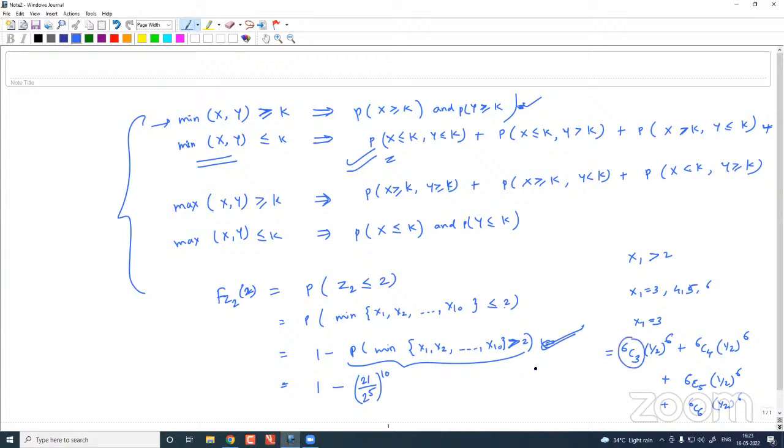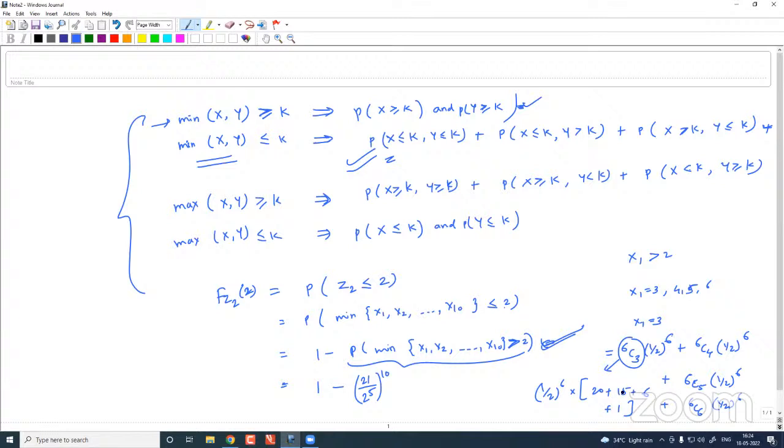Now what is 6c3? Can you tell me the values? I can take 1 by 2 to the power 6 common first. 6c3 is 20. 6c4 is 15, 6c5 is 6, and 6c6 is 1.